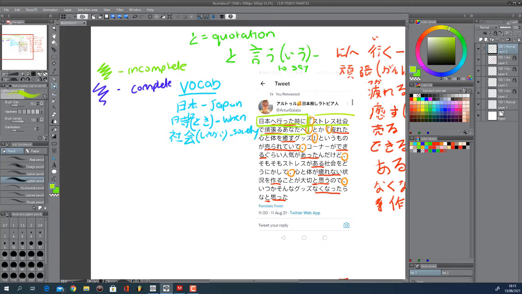So for example, if we're going to say the cat who jumped is here, we could say tobikonda neko ga koko ni iru. So the cat who jumped was here, and as you can see, tobikonda, which means to jump, precedes neko, which is cat, and all that information is describing the cat.